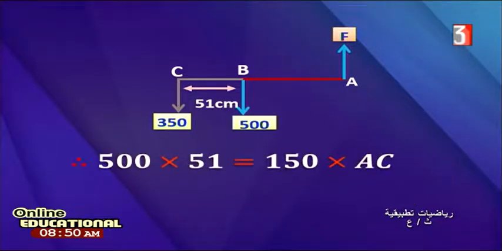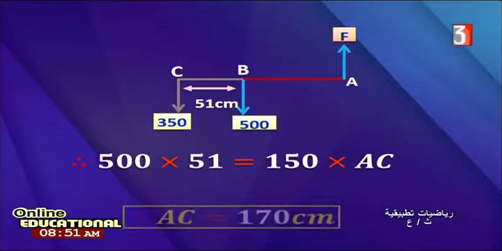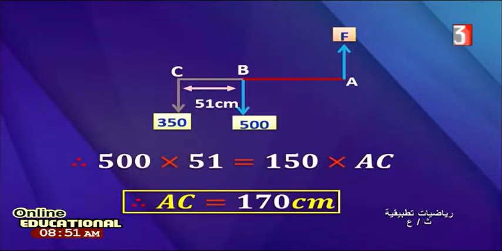Then, by using F1 times AC equals F2 times BC: 150 times AC equals 500 times 51 BC. Then AC equals 170 centimeter.